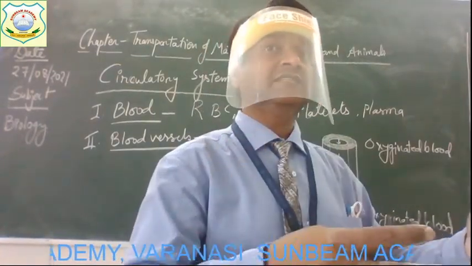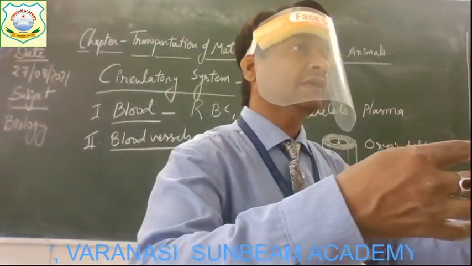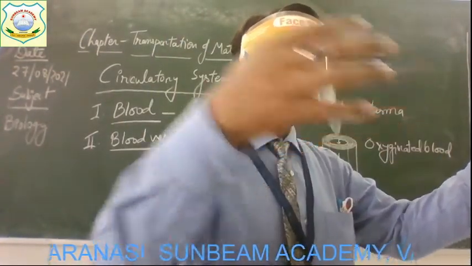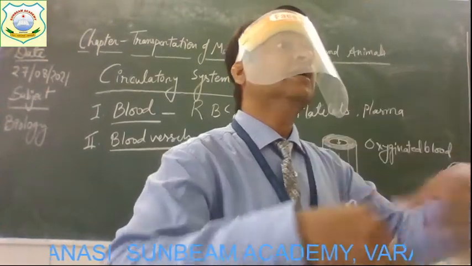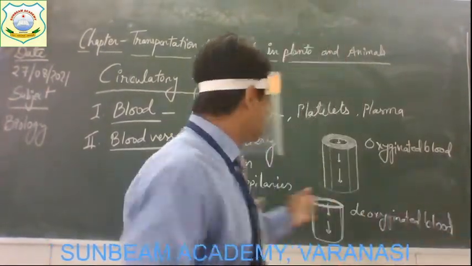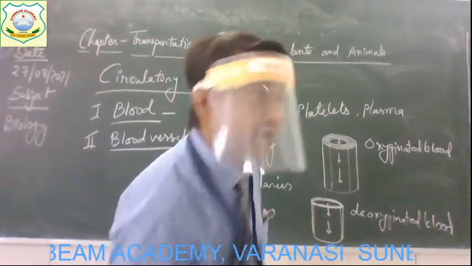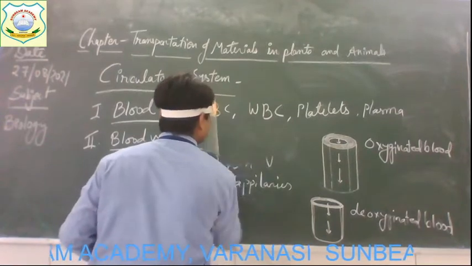There are joints in the body where arteries and veins meet. At the point of joints, a third kind of vessel is present, and that vessel is known as capillaries. Get it? You can understand it well with the help of this diagram.